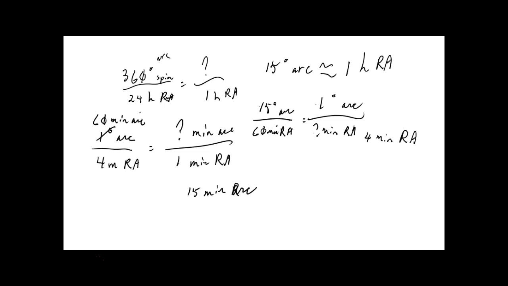Okay. Now, where are we? Where do we start? Right ascension. Where is right ascension measured from? Where the ecliptic crosses the celestial equator.